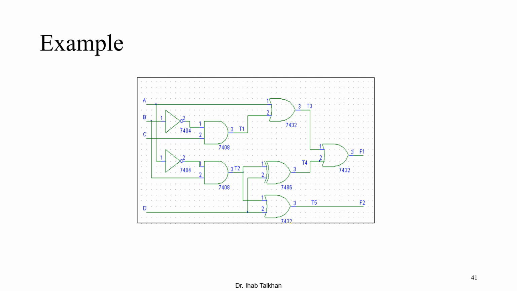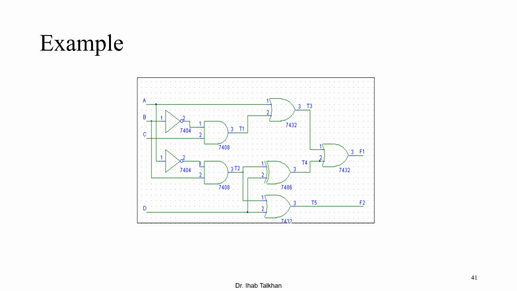These equations we are going to write down in the next slide, but as you can see, I am going forward from inputs to outputs, and then you find that F1 equals T3 plus T4, and F2 equals T5.